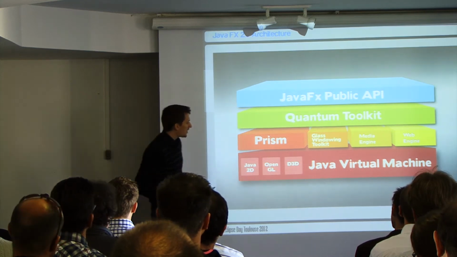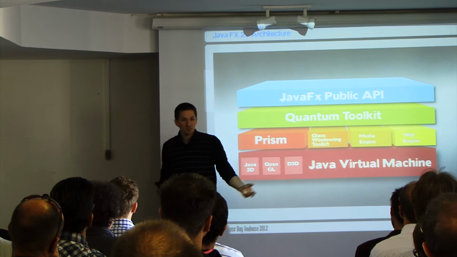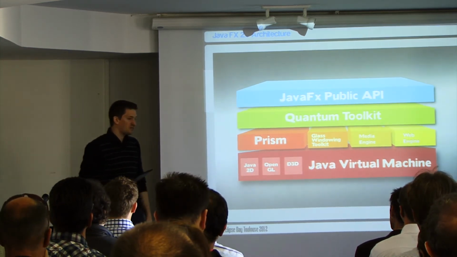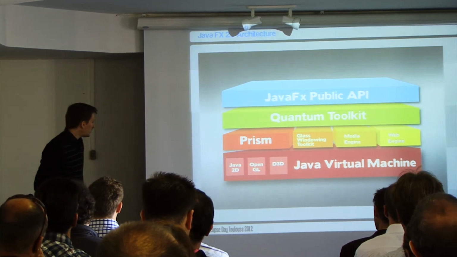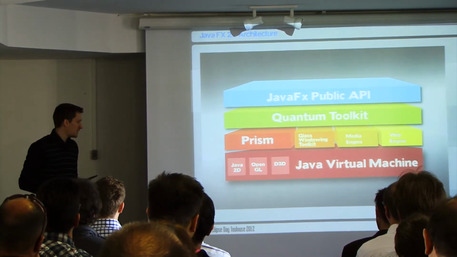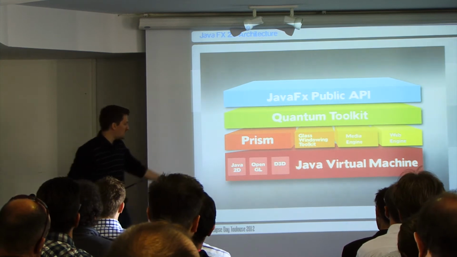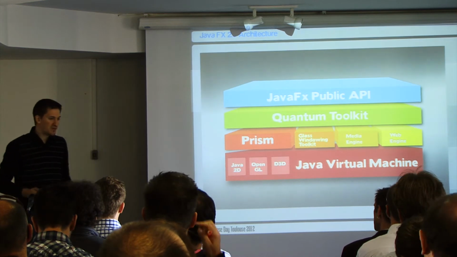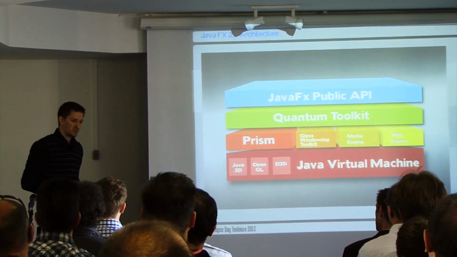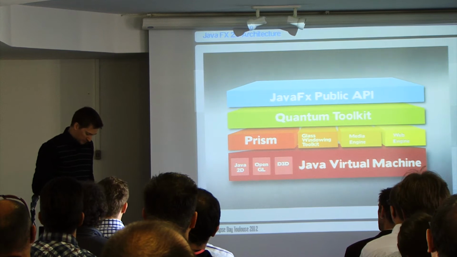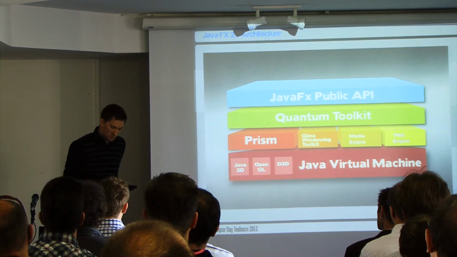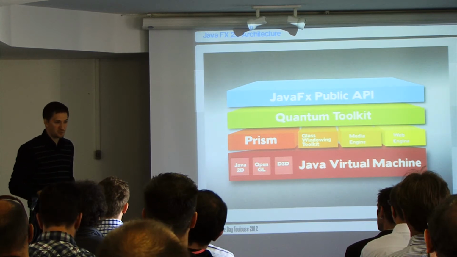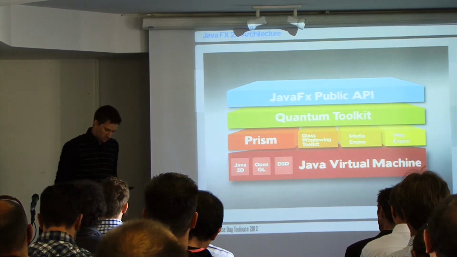JavaFX provides a media engine and a web engine, so you can play videos, movies, and you can embed HTML5 pages. The most innovative part of JavaFX and the backbone is the Prism engine. The Prism engine will render the JavaFX scene 60 times per second. It has some optimization to avoid rendering the scene twice if nothing has changed, so it's quite performant.